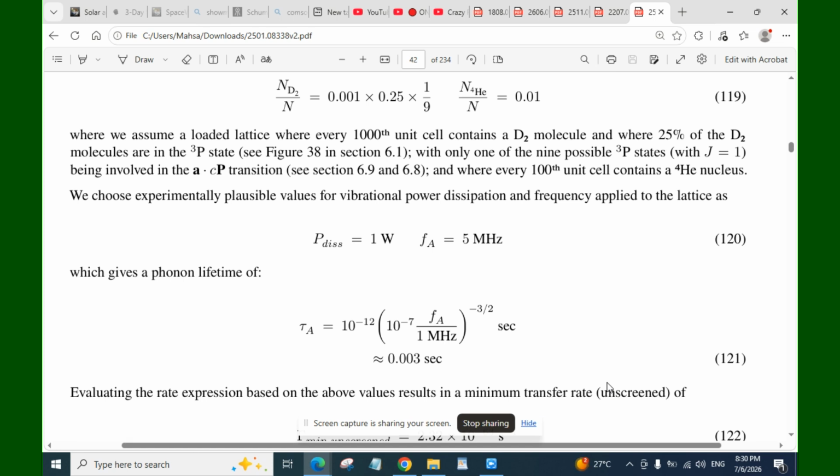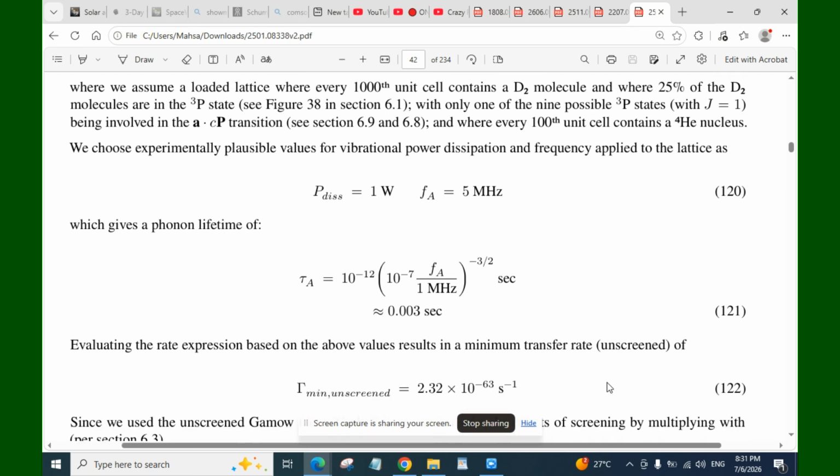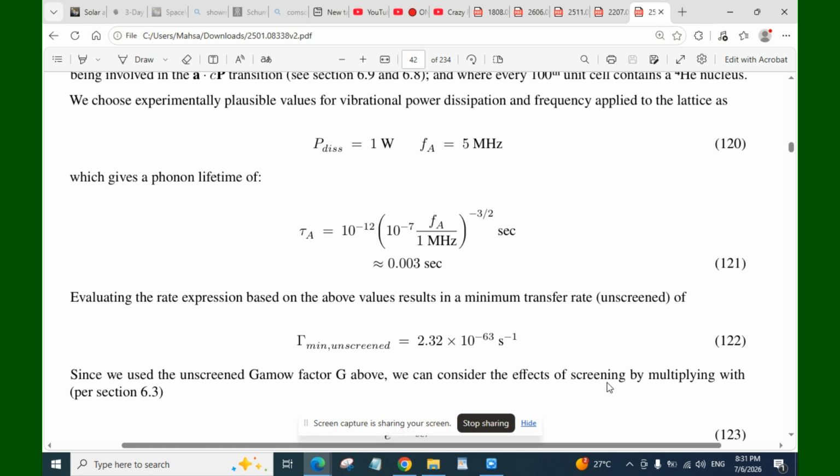See figure 38 in section 6.1, with only one of the 9 possible P3 states, which J is equal to 1, being involved in the ortho-para transition. See sections 6.9 and 6.8, and where every 100 unit cells contain a helium-4 nucleus.